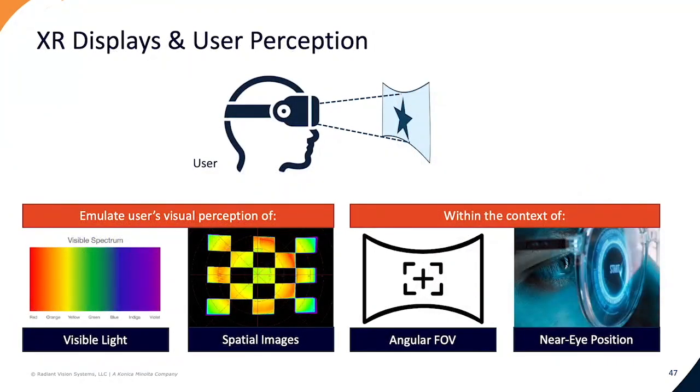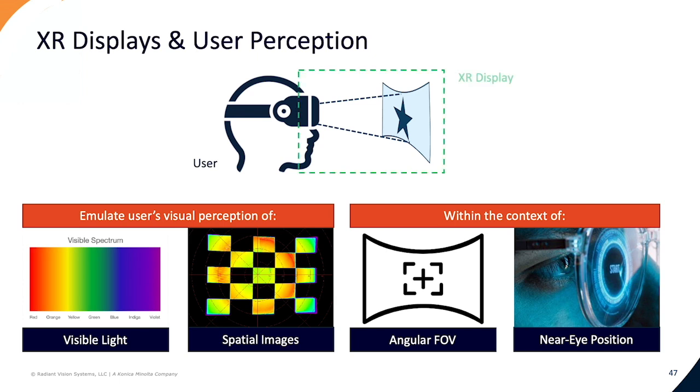But there are a few things that metrology systems must keep in mind for any augmented, virtual, or mixed reality device. It comes down to the fact that all systems used for extended reality, or XR display evaluation, must account for visual elements produced by the device as perceived by the user.